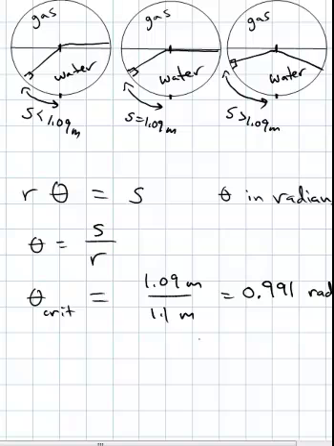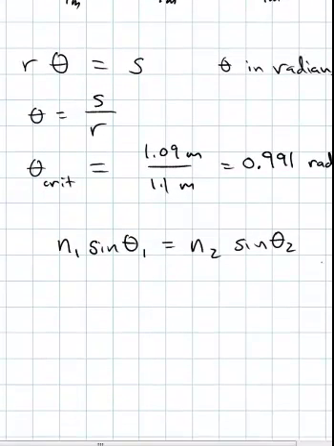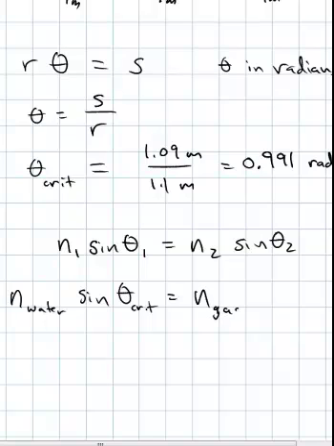So now we can use our law of refraction. N1 sine theta 1 equals N2 sine theta 2. And what we have here is N for the water times the sine of theta critical is equal to N for the gas times the sine of 90 degrees.